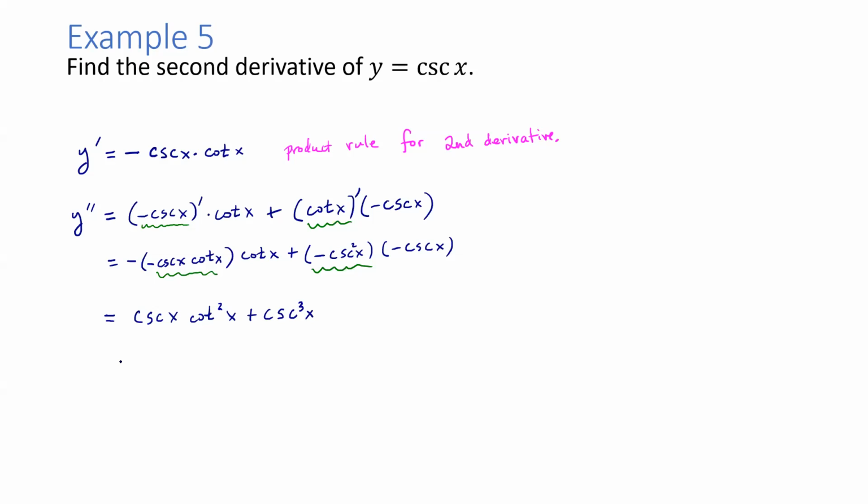And let me see, could you go further with that? Maybe you could actually go a little bit further. I'll show you how. You can factor out a cosecant, and then you've got cotangent squared plus cosecant squared.